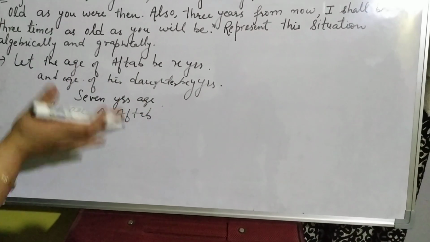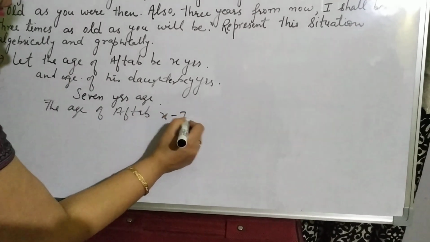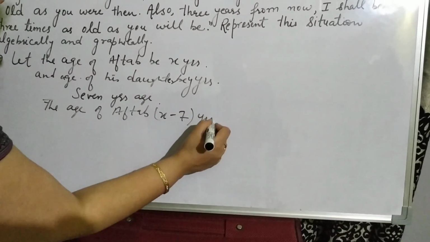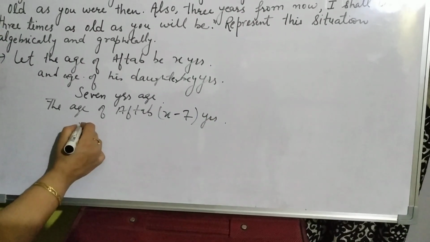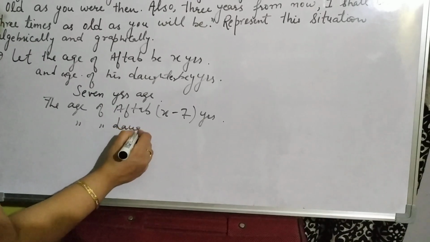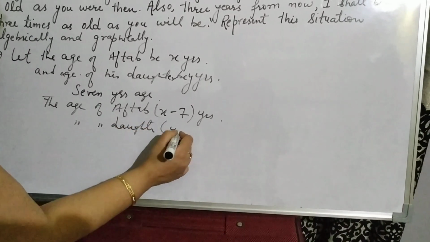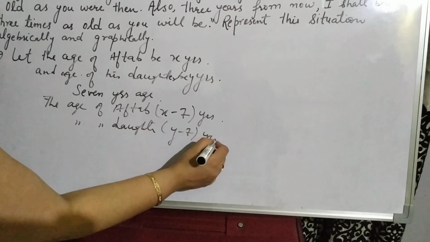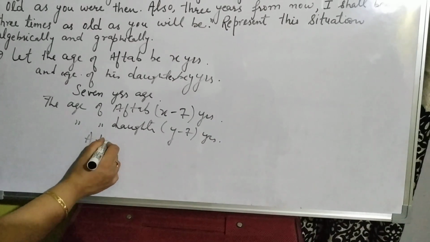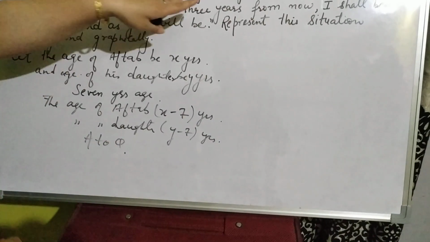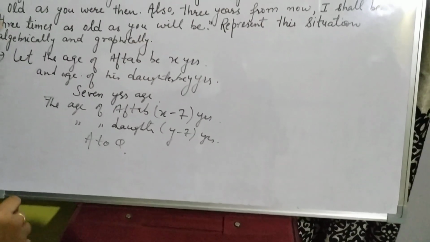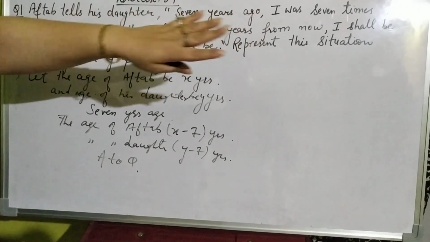Ago means 7 साल पहले. Subtract 7 from the present age. And age of his daughter, y minus 7 years.